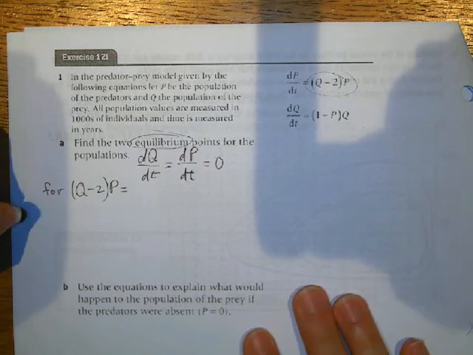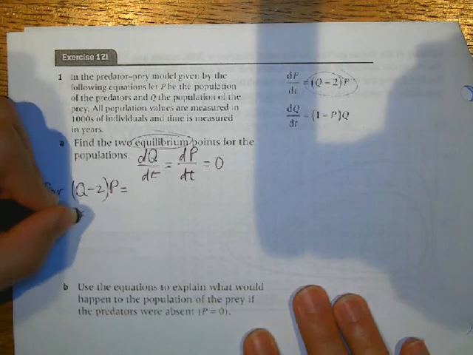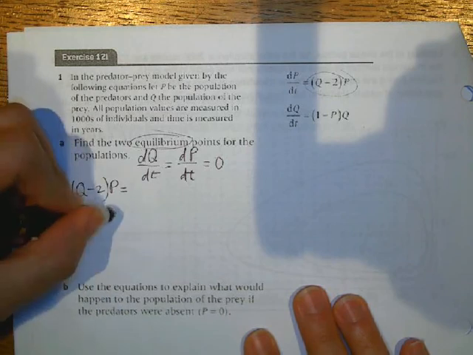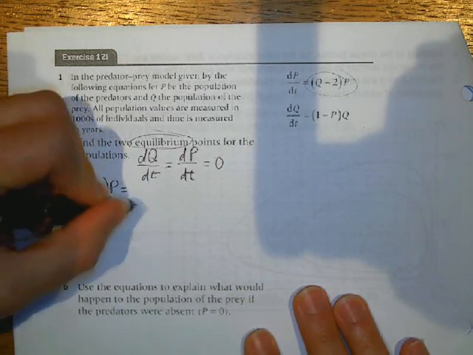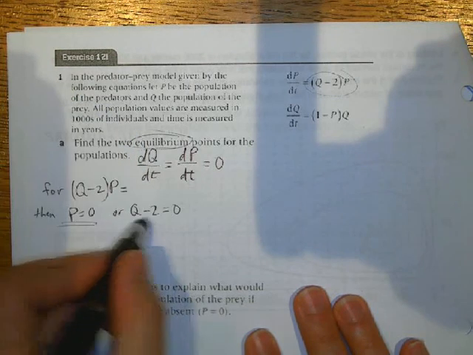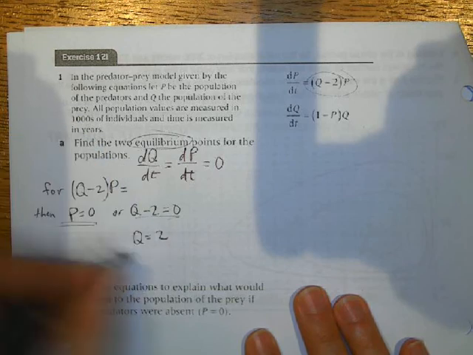then either P equals 0 or Q minus 2 equals 0. If this is the case, then Q is equal to 2. Okay?